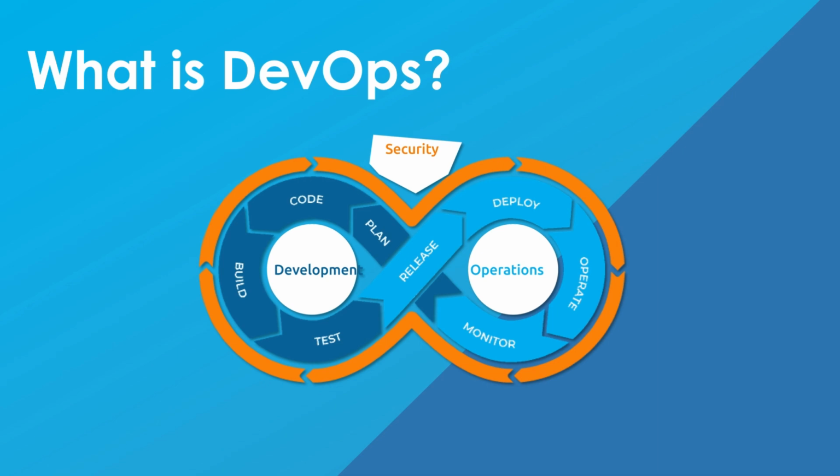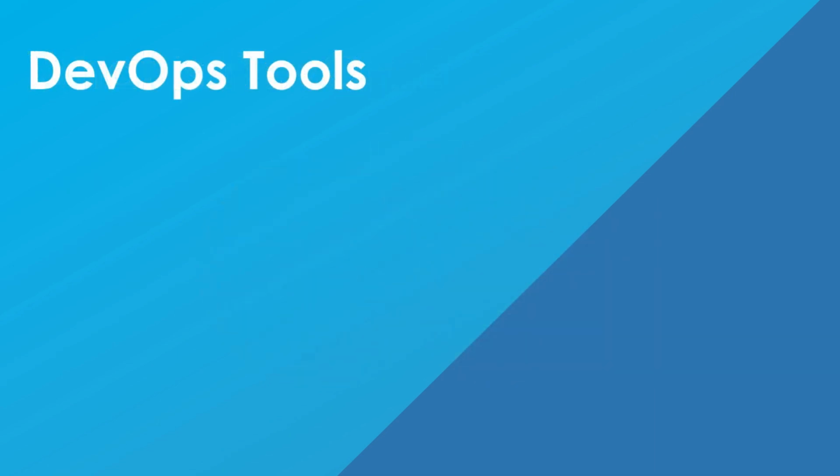Now, if we talk about what are the tools that are used in DevOps? So the first tool that is used in DevOps is for source code management, or we can say version control system. And these tools are Git, GitHub, Bitbucket.